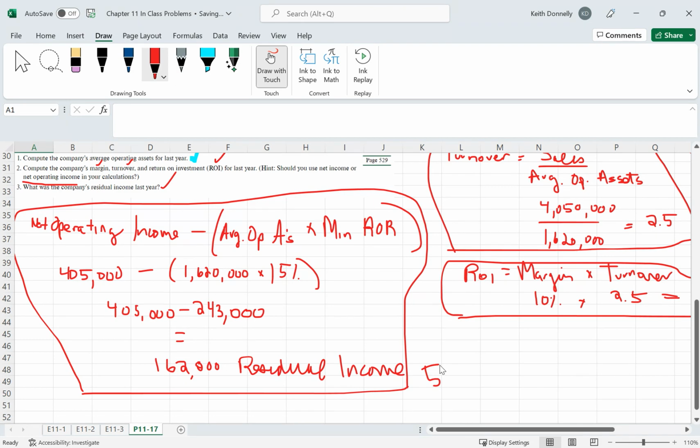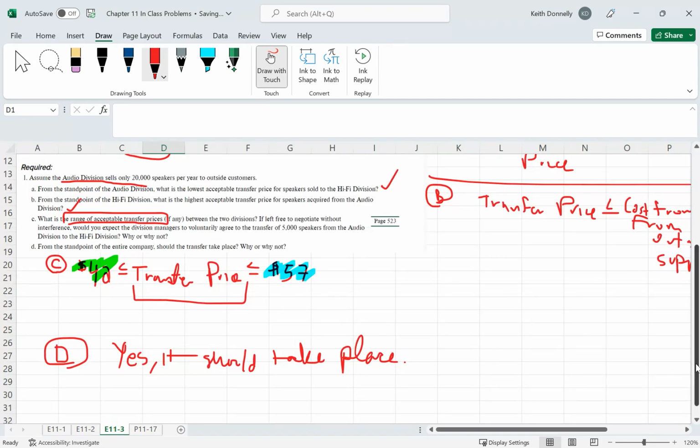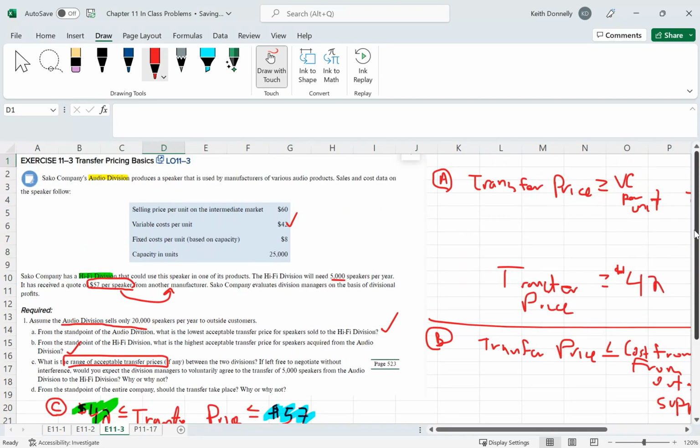We worked through these one or two times, and then we looked at another important part of this chapter, which was transfer pricing. The idea with transfer pricing is basically you have two divisions within a company, and they're trying to sell a product or services from one division to another division.